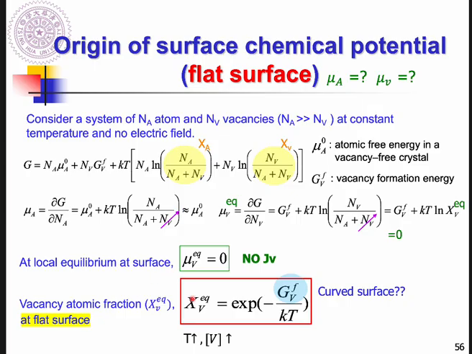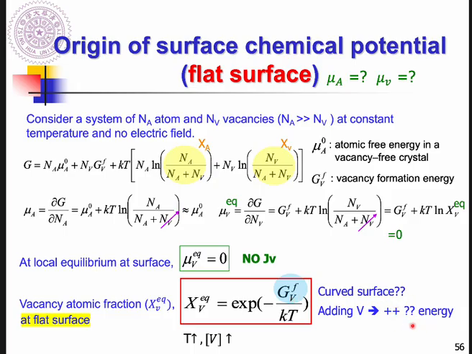No, right? On the flat surface, when you want to form a vacancy, this is how much energy you need to add. But now the system moves to the curved surface. So it turns out you need to add the vacancy on the curved surface.